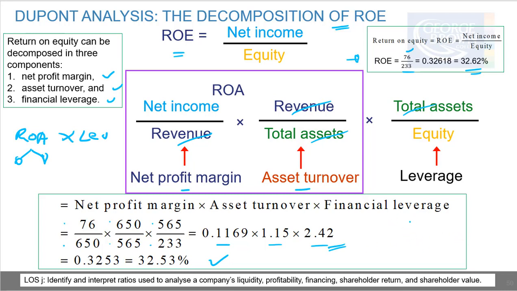Okay, so again, don't be too intimidated by that. You don't need to recreate these calculations at all. You just want to have an understanding that first of all, the formula for return on equity is net income divided by equity, but by doing a little bit of algebra, we can break that into a number of different components, and that gives us some more and perhaps better insights into what's driving that return for the shareholders.